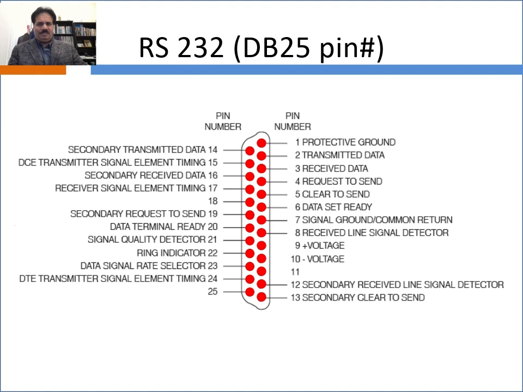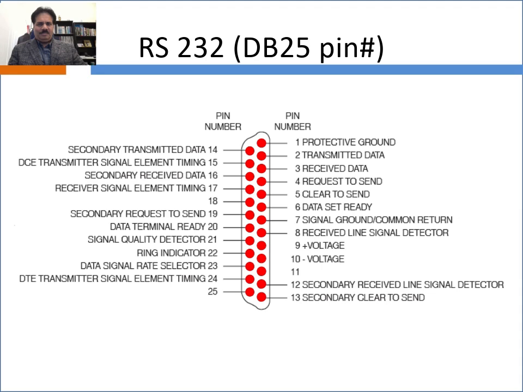This is another slide related to the RS232 standard. This slide shows the DB25 interface, and the DB25 has 25 pins. As you can see, there is a description of the pins, but you don't have to remember all this description here.